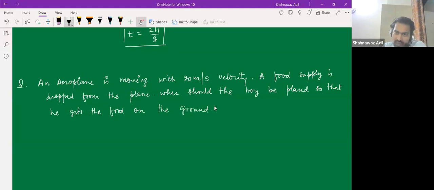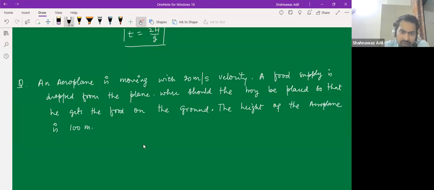This is the first question, and the height is given. The height of the aeroplane is, let's say, 100 meters. Think about this question.